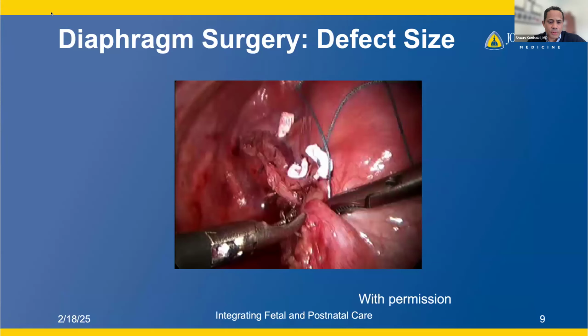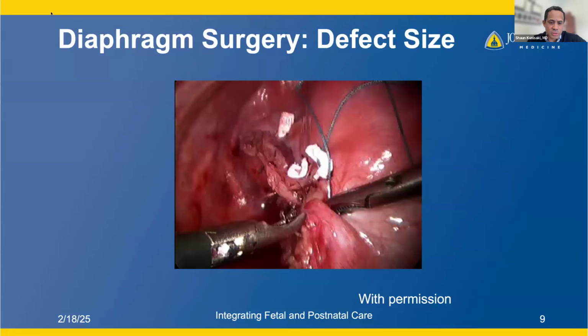This is an intraoperative photograph demonstrating what a thoracoscopic repair looks like through a video camera. This is a pretty challenging procedure to do. We use 3mm instruments, high magnification, and a lot of experience to successfully get the diaphragm reapproximated.